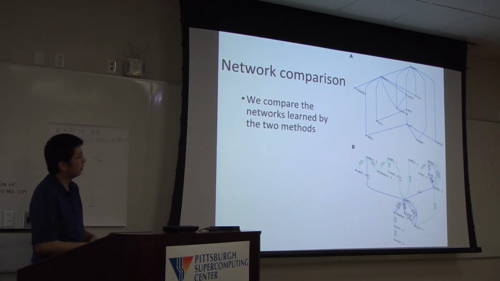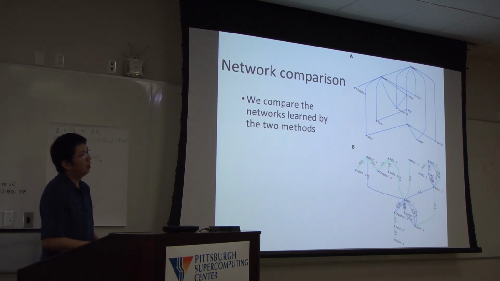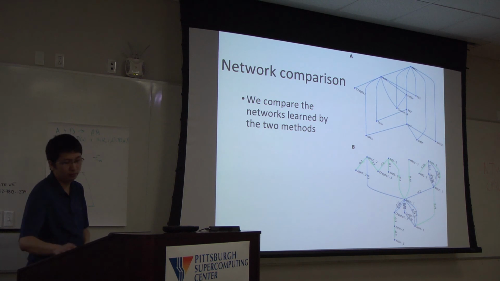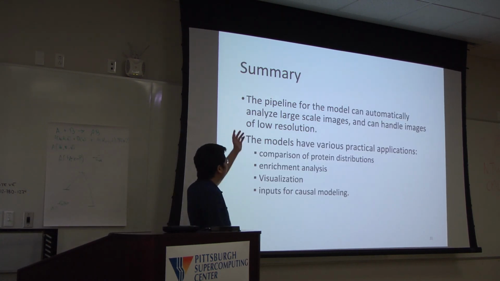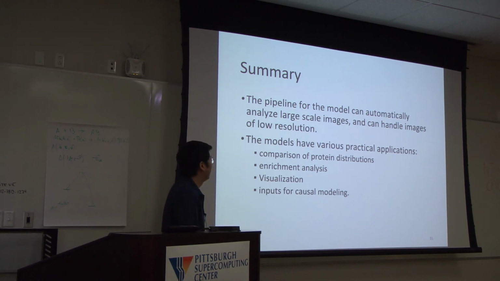And we have some quantities such as AUC to measure the reconstruction error for the network. I didn't show it here. So in sum, our model can automatically analyze large-scale images, and also can handle images with no resolution.